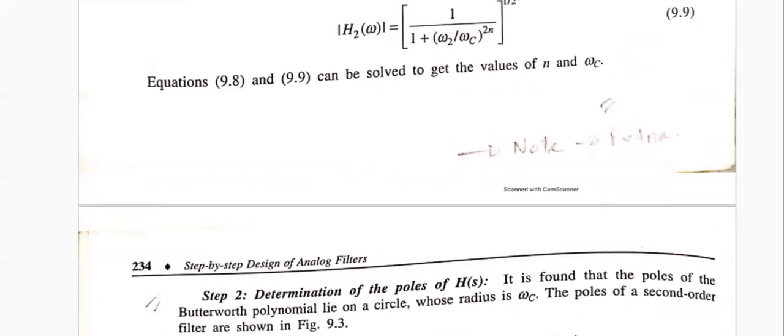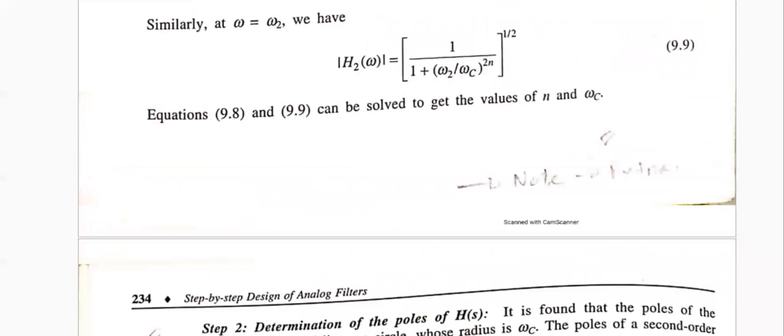Which one will come first, n or omega C, the cutoff frequency?